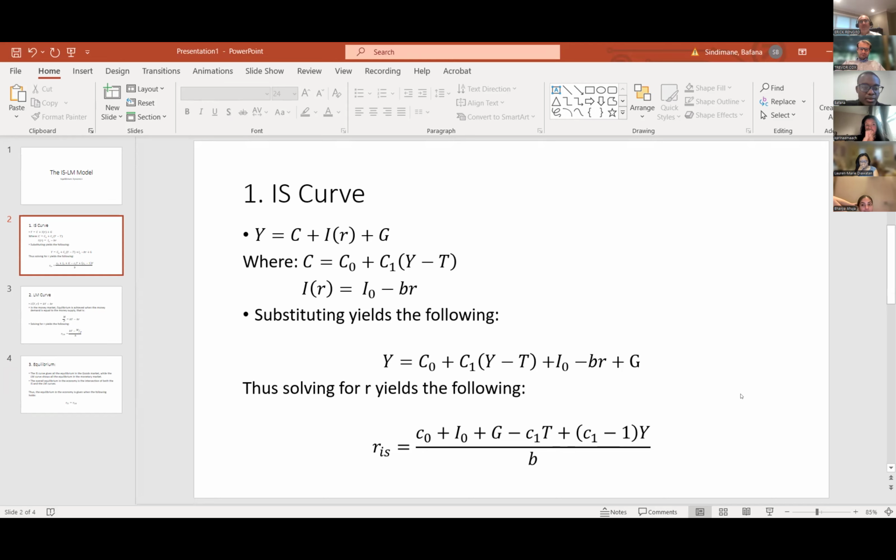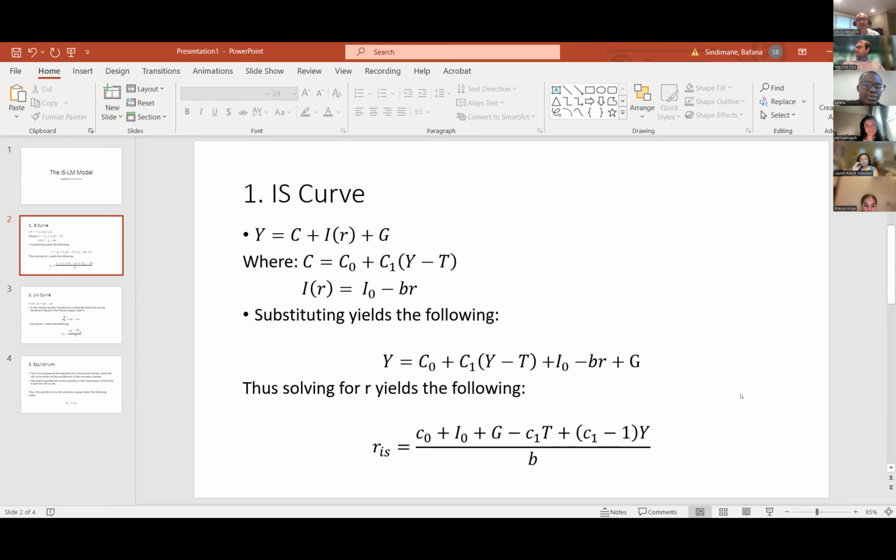So for the IS curve we have Y equal to C, which is consumption, plus investment, where investment is a function of the real interest rate, plus government spending. Both consumption and investment are broken down.